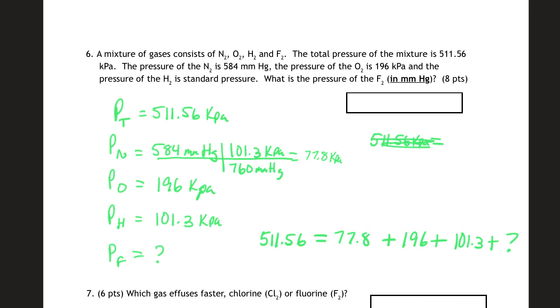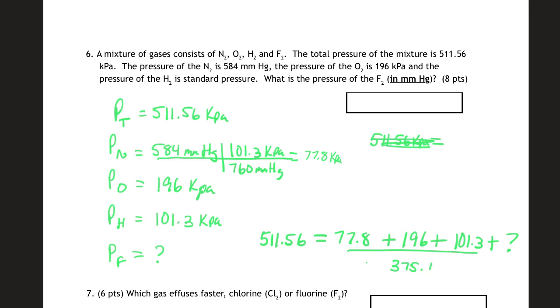So I'm going to add these numbers together. 77.8 plus 196 plus 101.3 equals 375.1.